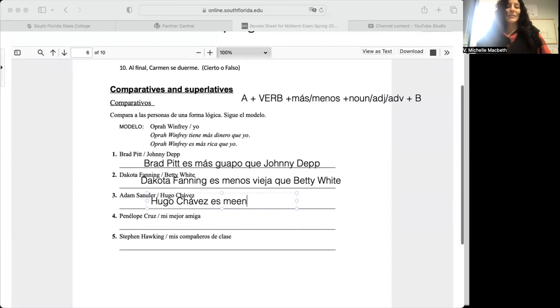Es menos cómico que Adam Sandler. So he's less funny than Adam Sandler because in this instance, Adam Sandler is the comedian of the two. I apologize if Hugo Chavez is a comedian.